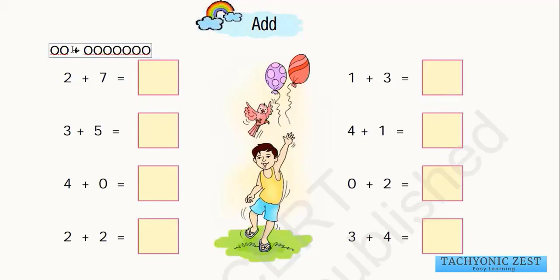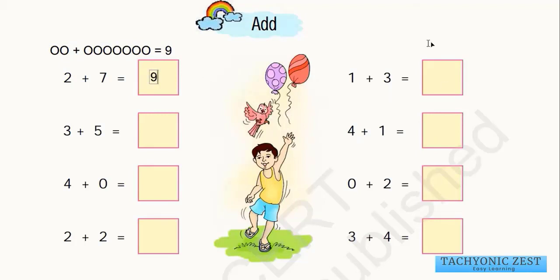Now what is the total number of balls that we get? Let us count this entire thing in total: 1, 2, 3, 4, 5, 6, 7, 8, 9. So the final answer is 9.